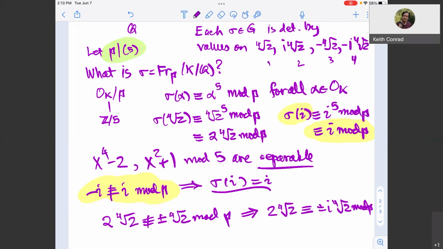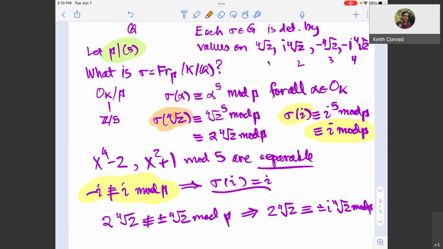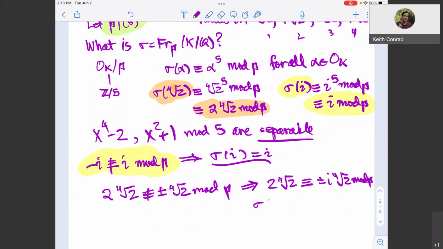Because since we have sigma of the 4th root of 2 is twice the 4th root of 2, that's some 4th root of 2, and 2 to the 4th is 1 mod 5. Everything's consistent. And that is not plus or minus the 4th root of 2, and so therefore at least we know sigma of the 4th root of 2 has to be plus or minus i times the 4th root of 2, not plus or minus the 4th root of 2.